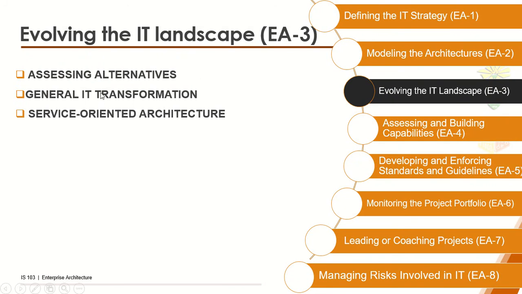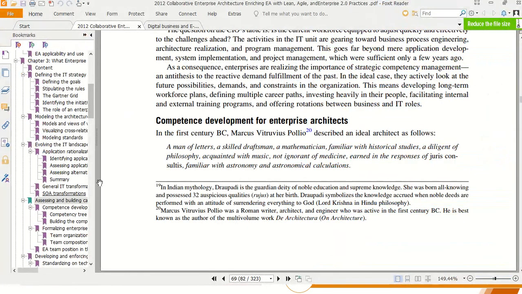So yun. Next to assessing alternative is to discuss unsa gid ang general IT transformation and unsa ning service-oriented architectures. Okay. So but since murag hapit na ta mag 1 hour, I guess kamo na lang kung pabasahon ani no. So ihatag ko ni sa inyo nga libro.